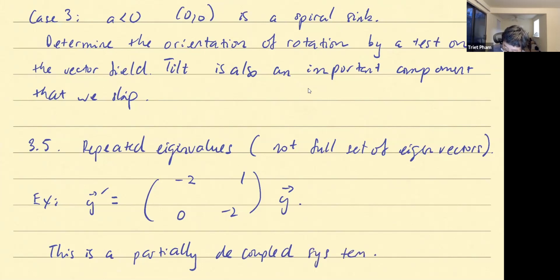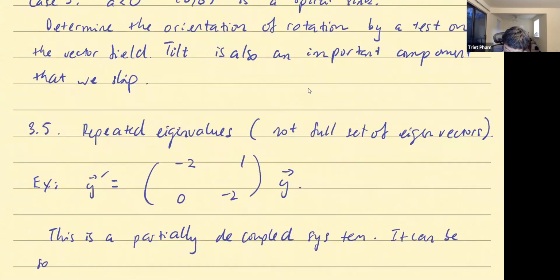You can solve it explicitly by solving the second coordinate first, then plugging in and solving for the first coordinate, using the substitution technique we discussed.